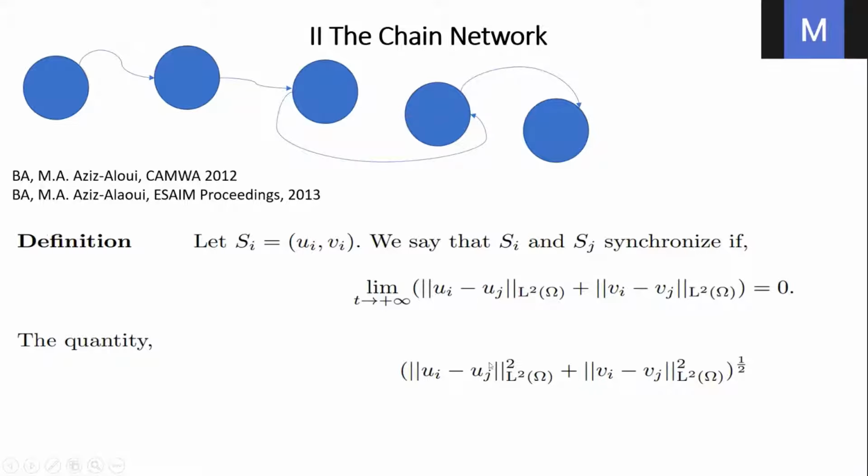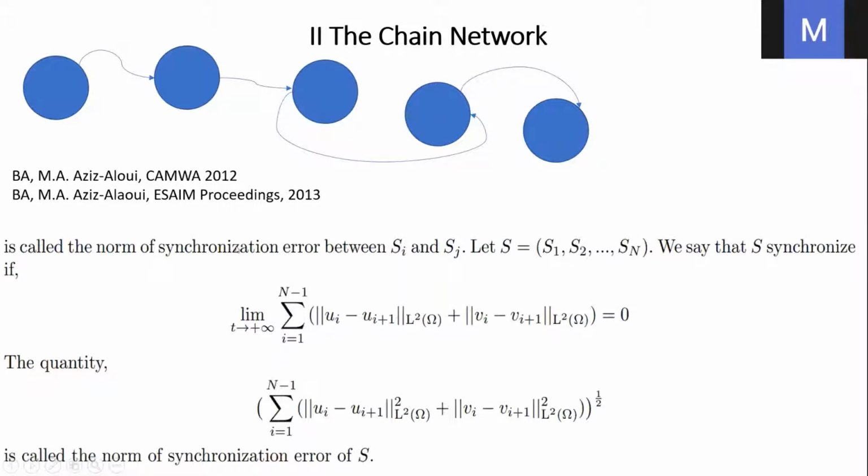This quantity here is called the synchronization error between Si and Sj, and we will say that the whole network synchronizes if this quantity here goes to 0.